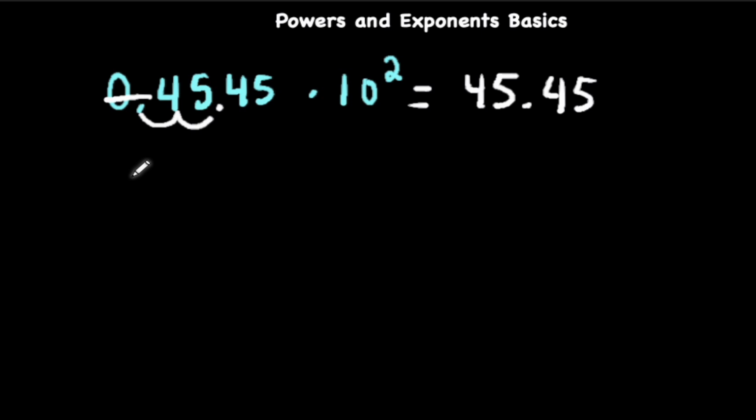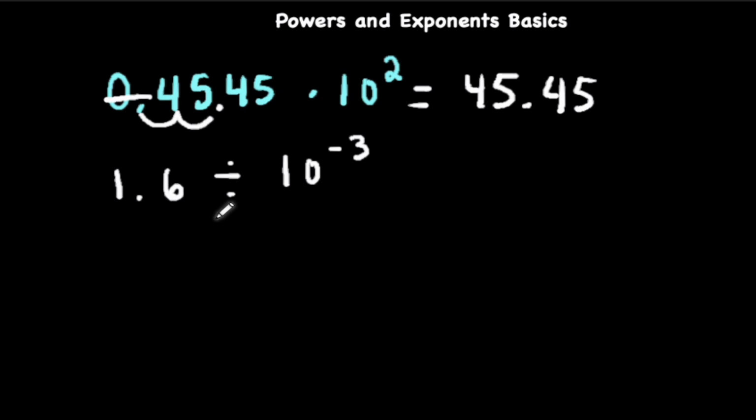All right, so let's talk about dividing by powers of 10. When dividing by powers of 10, we're going to move the decimal point the number of spaces represented by the exponent. So let's say that you're given 1.6 divided by 10 to the negative third power.